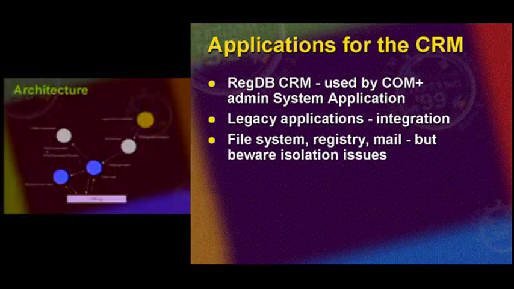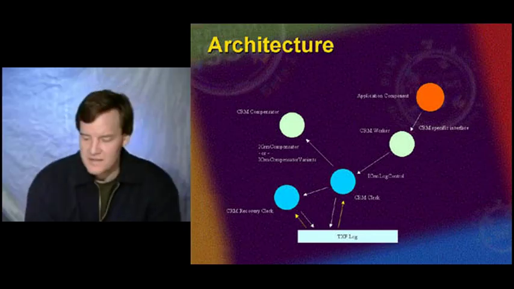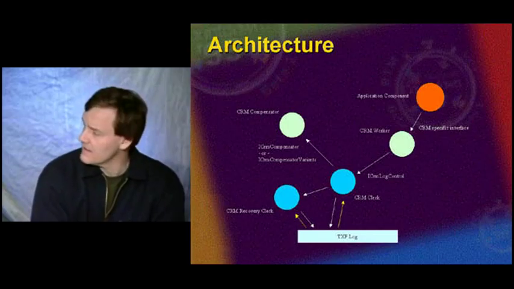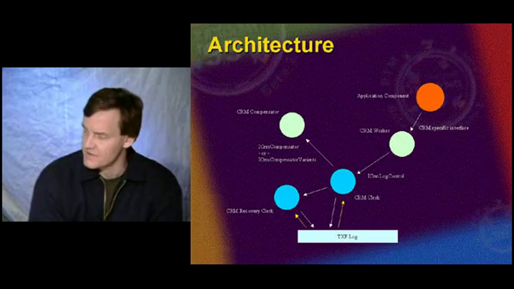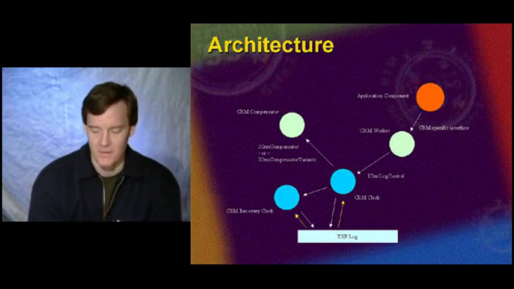So here's a quick overview of the architecture of the CRM. You'll see in orange there, that's the application component that comes in, and the white is the parts that are developed by the CRM developer. They are the actual CRM. And the blue pieces and the TXF log at the bottom are the pieces that we provide as part of Com+.